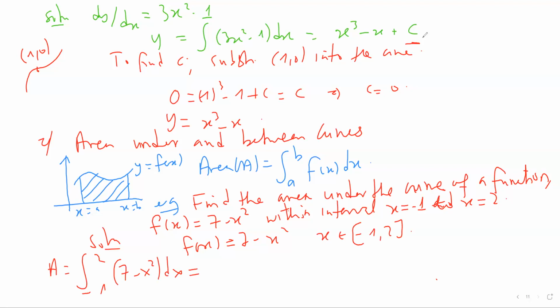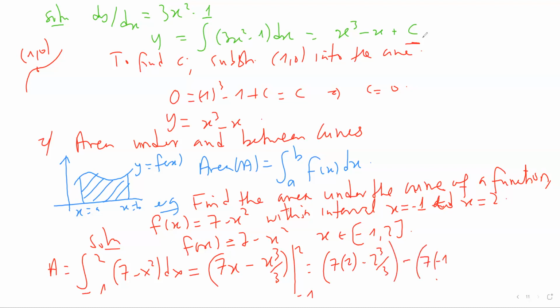And then you can easily do this because this is 7x minus x cubed over 3 from -1 to 2. So you take 7 times 2 minus 2 cubed over 3, minus 7 times -1 minus -1 cubed over 3.